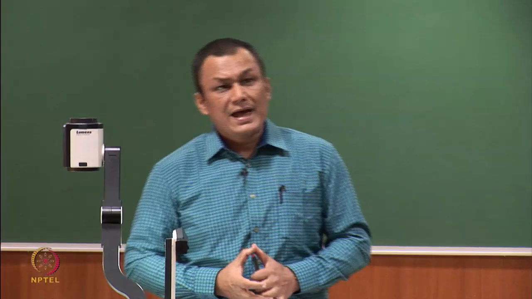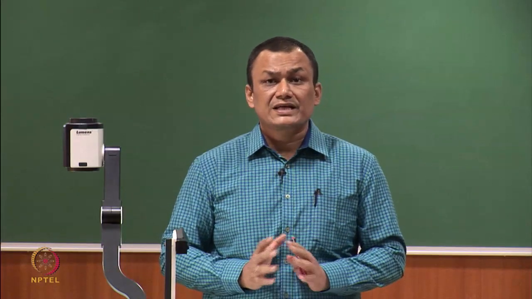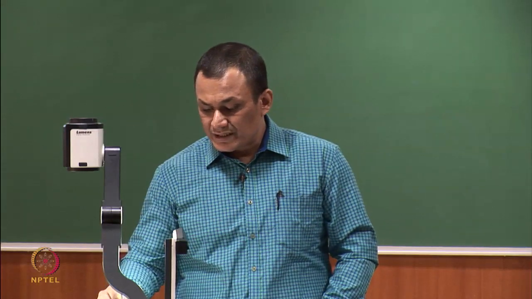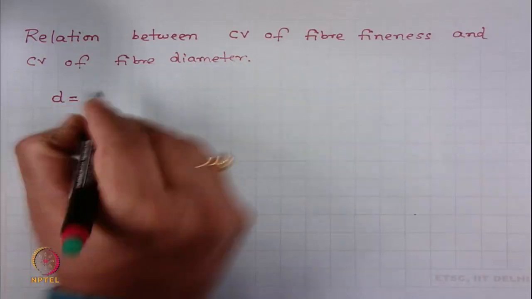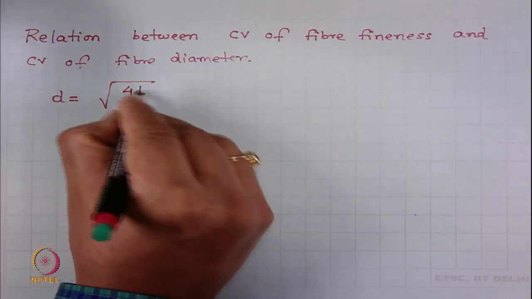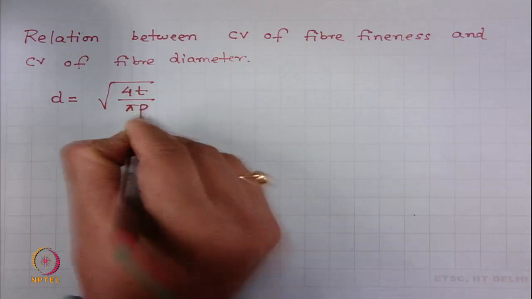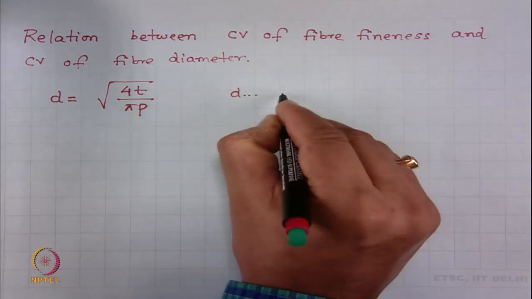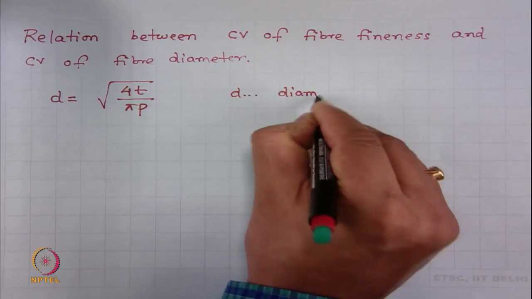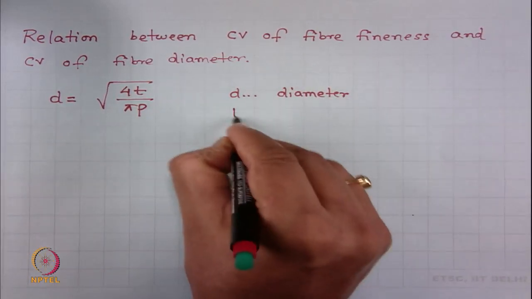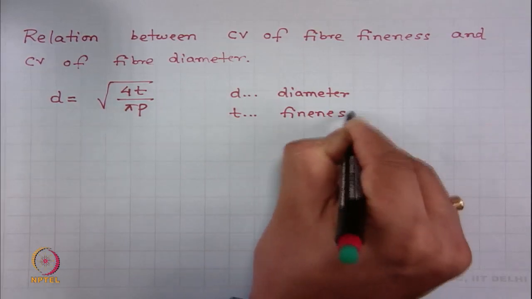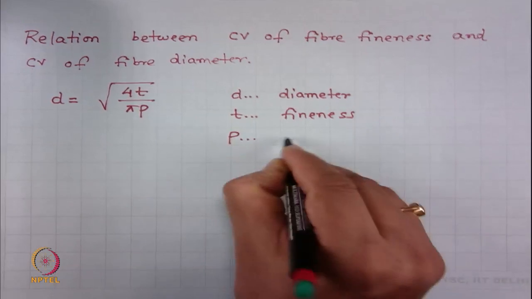Now, if we go back to our module 1, where we discussed basic fiber characteristics, in that module we derived a relation of fiber diameter. Where D stands for fiber diameter, T stands for fiber fineness, rho stands for fiber density.